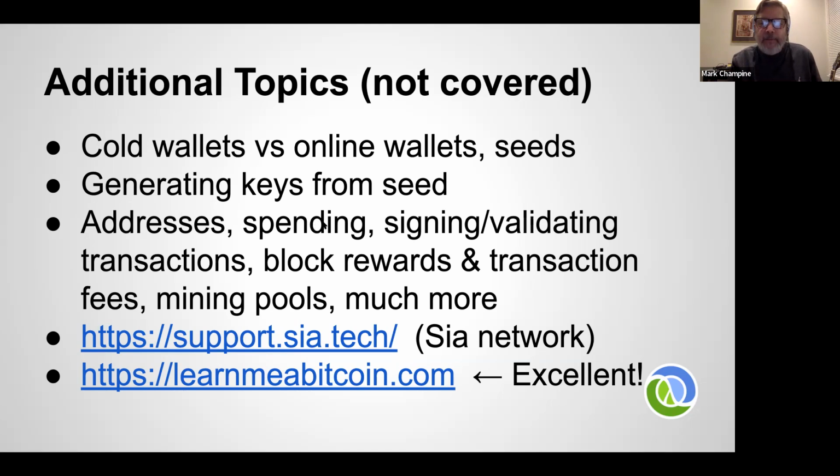A lot of topics around spending, validating, more about block rewards, fees. Oh, mining pools. I've actually done some mining myself with the machine you saw earlier. Are you referring to the ASIC? Yes, exactly.